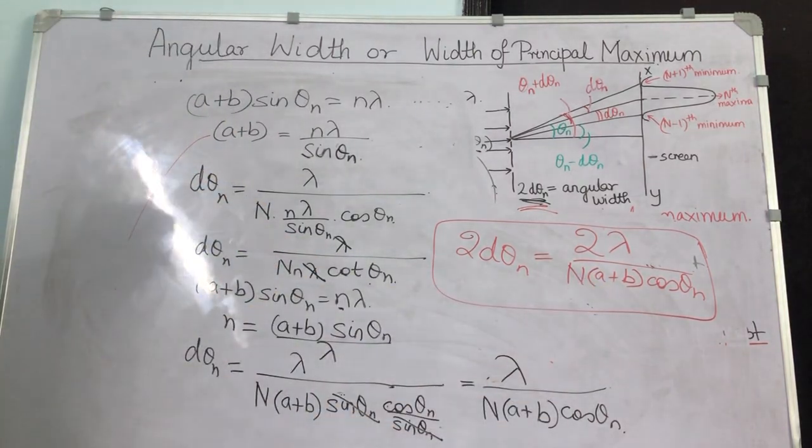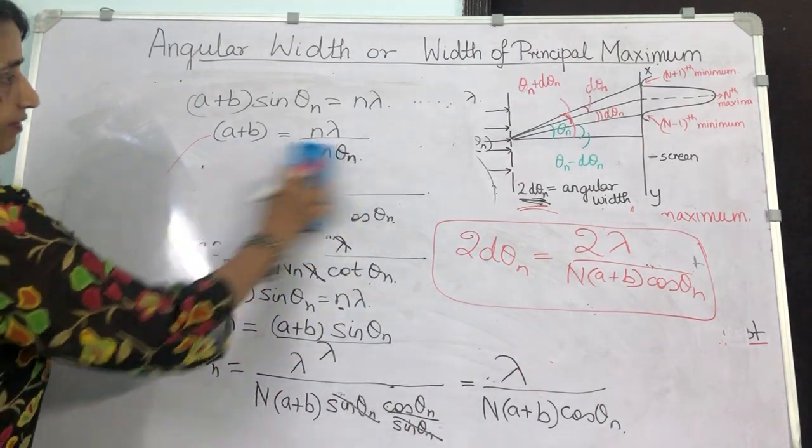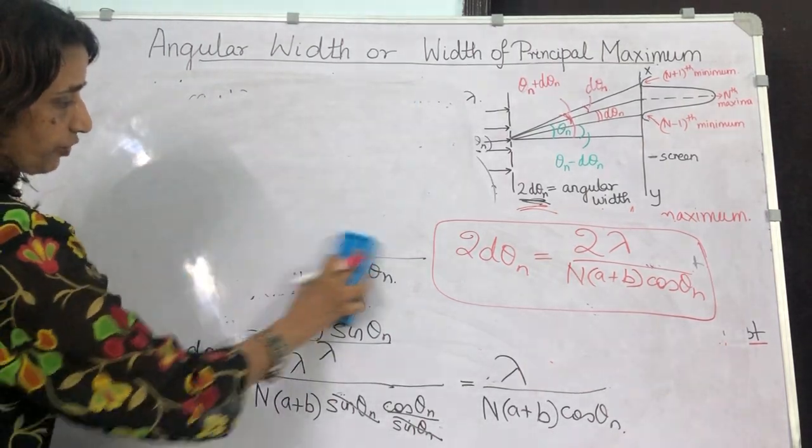See, the angular width of principal maxima is coming out like this. What is the conclusion we can make from this expression?